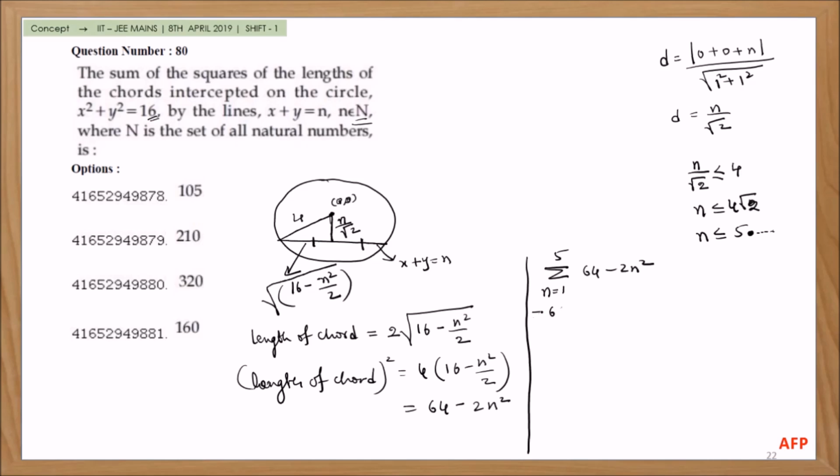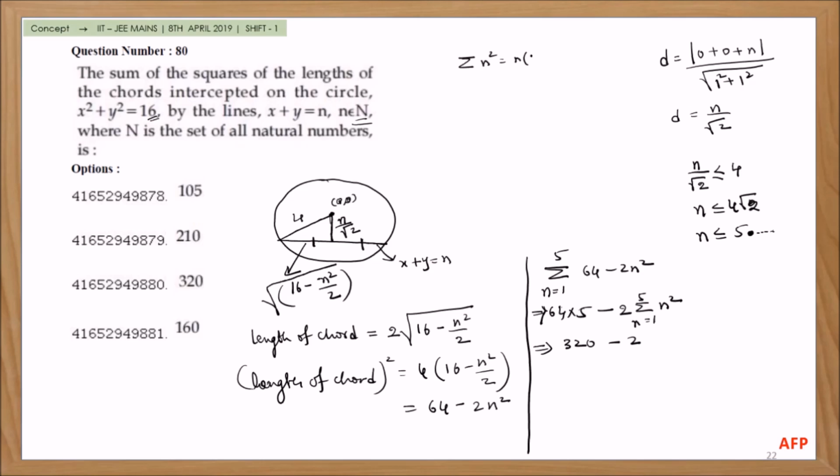If you take summation inside, 64 into 5 minus 2 times the summation of n square, n equals 1 to 5. This is nothing but 320 as it is.